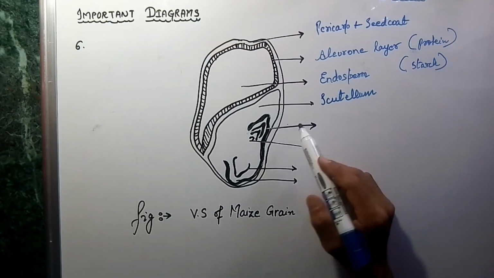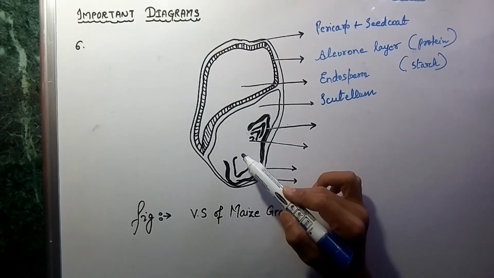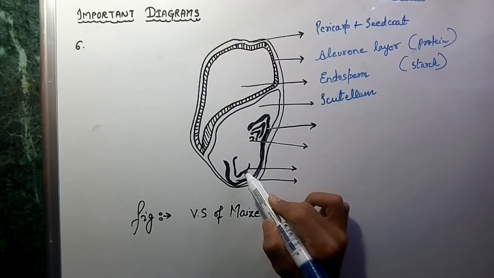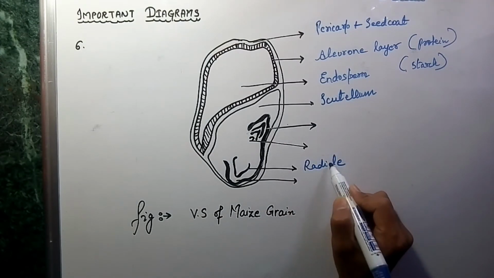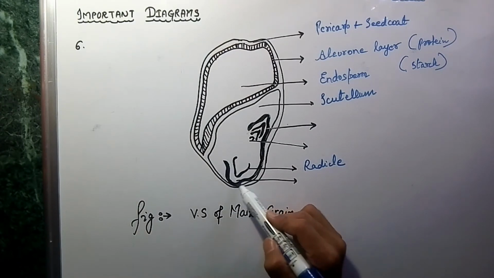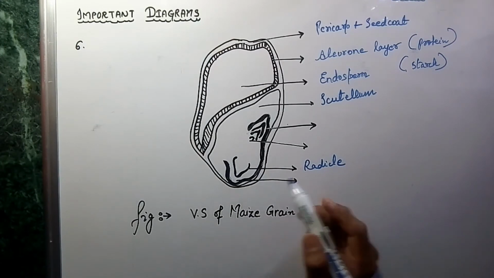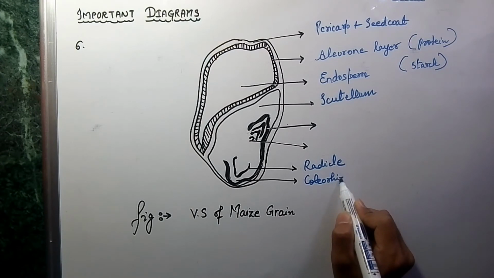Now the region of this embryonal axis that points downward towards the attachment of the cotyledon is called the radicle. And this radicle is covered by a protective sheet called coleorrhiza.